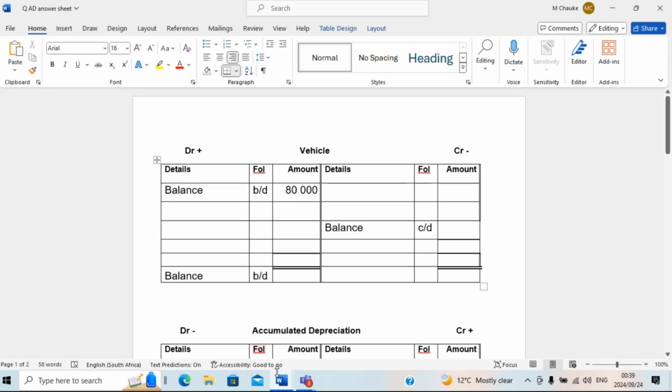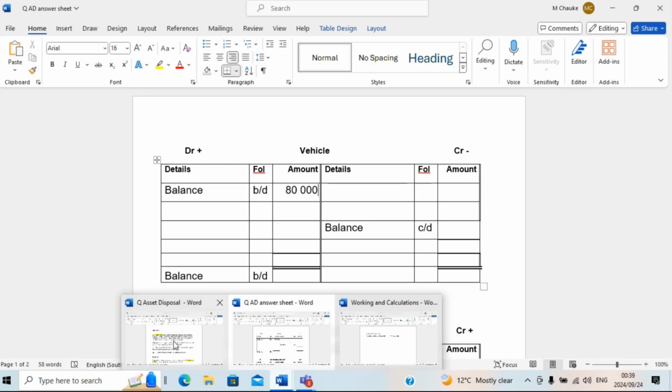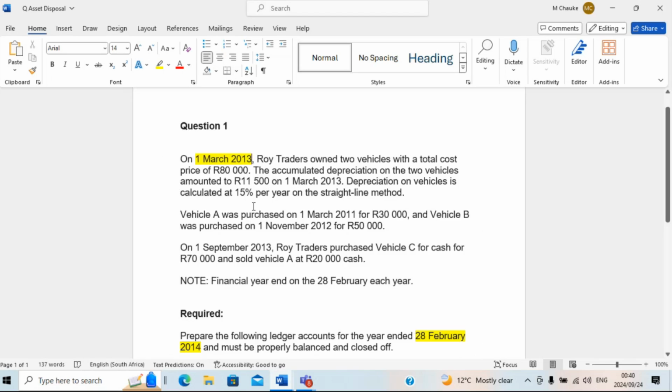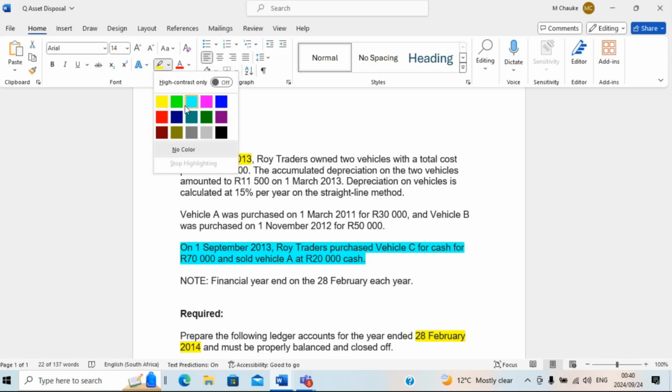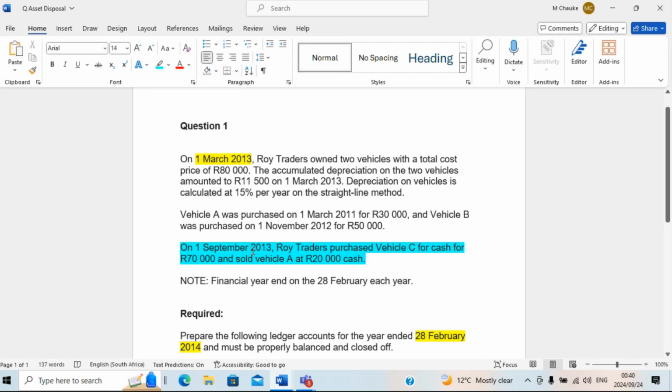And then as we check our question there, if you check this additional information here, it says on the 1st of September 2013, Roy Traders purchased vehicle C for cash for 70,000, right?